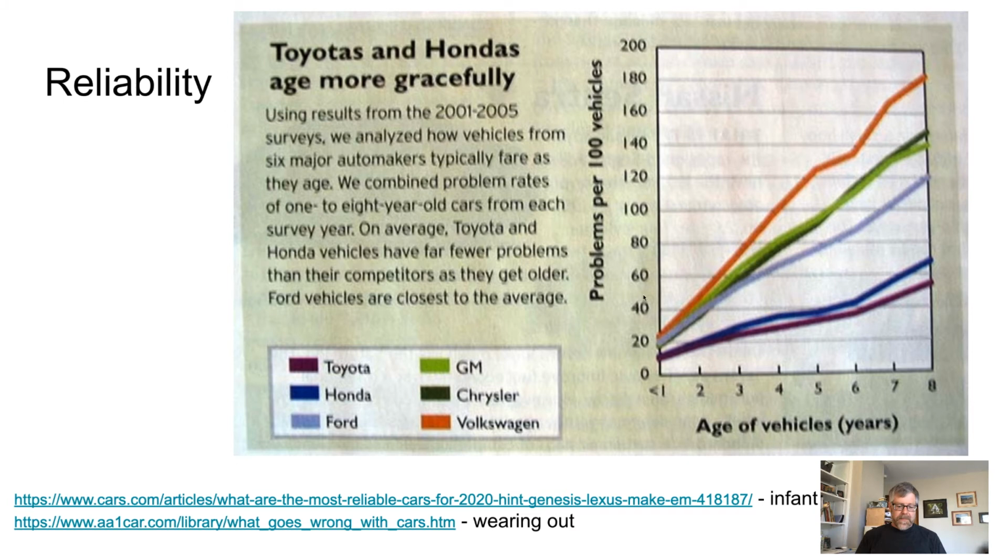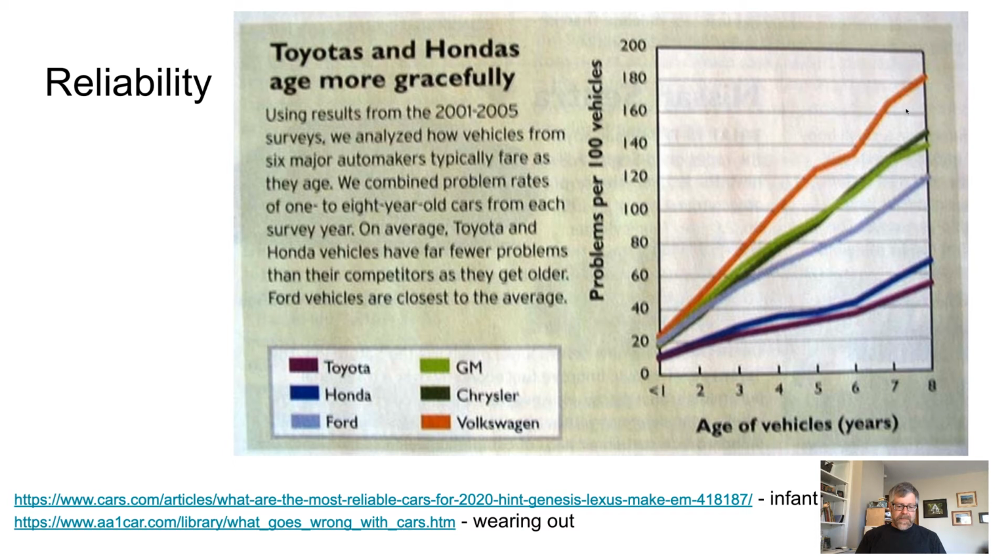So this is interesting. Oh my gosh, this is totally out of focus. But this basically shows, this is really old. Sorry. This is something from USA Today from like 2005 or whatever. It's really funny. But it shows different brands of vehicles and the problems per 100 vehicles, and the age of the vehicles. And so you can see that cars that are very young don't have very many problems, but as they gain in age, they have more and more problems.